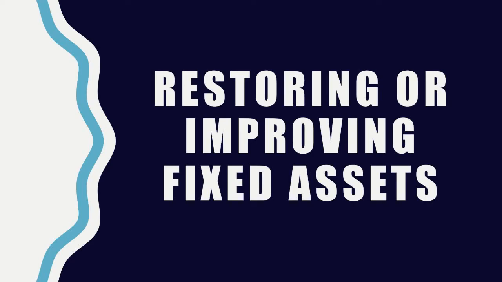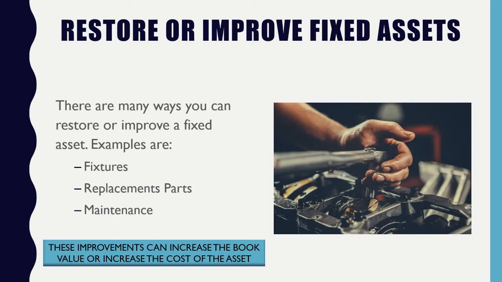So, what if I believe my fixed asset could possibly be fixed? What happens when I do encounter that? In this case, right? If you do a lot of things such as restore it, fix it, replace certain parts to the machine, right?